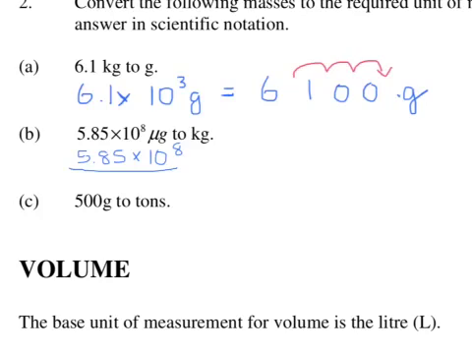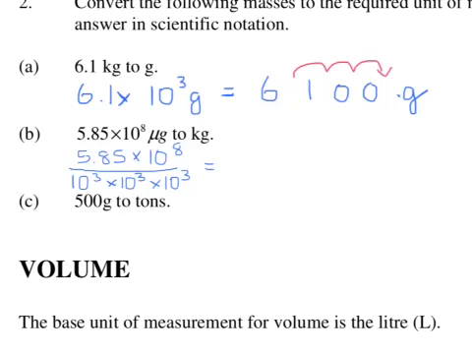So we're dividing by 10 to the power 3 to convert from micro to milli, by 10 to the power 3 from milli to grams, and then from grams to kilograms, divide by 10 to the power 3 again.